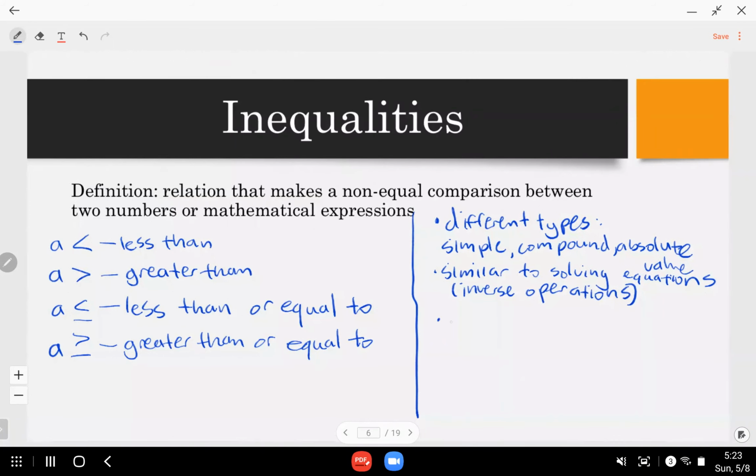Okay, so let's look at this. When dividing or multiplying by a negative, you have to flip the sign.